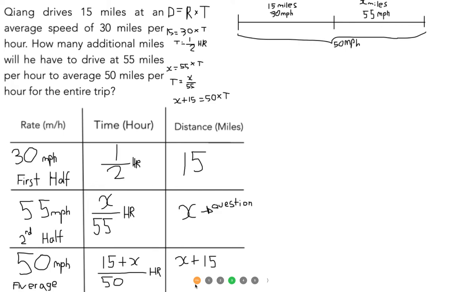And we can write this into an equation, and we get half, by adding the number of hours that he took for the first half of his trip, and then that plus the number of hours that he took for the second half of his trip, which is x over 55.